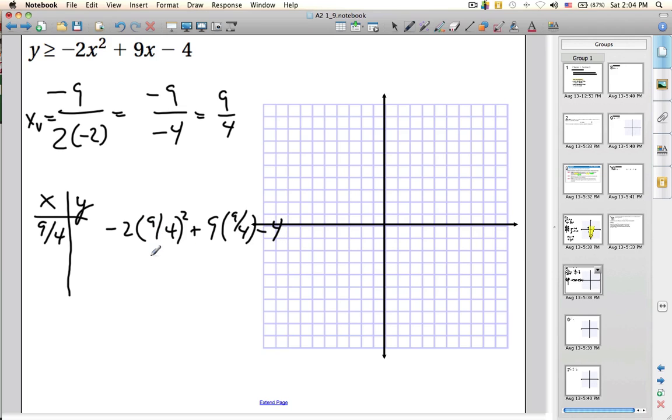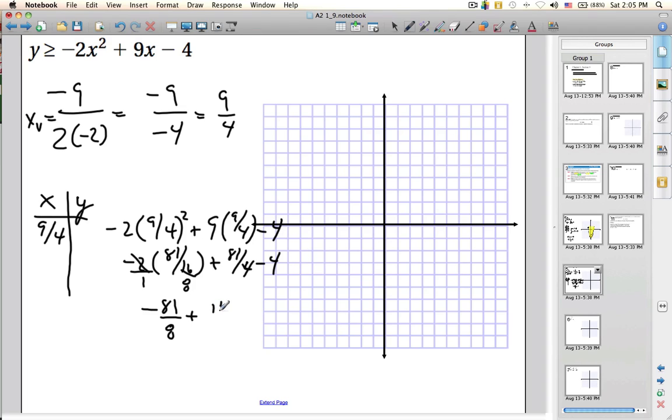And when I simplify this, this will become -2 times 81/16 plus 81/4. Now, when I look at this, I'm going to go ahead and leave this as -4 now. This is -2 over 1. I can cancel the 2 with the 2 and the 16, that leaves 8. So I'll have -81/8. So I know that 8ths are going to be my common denominator.